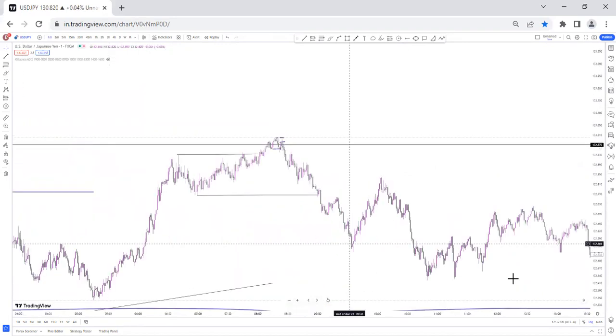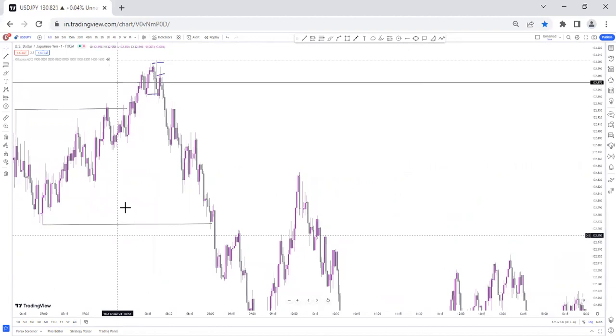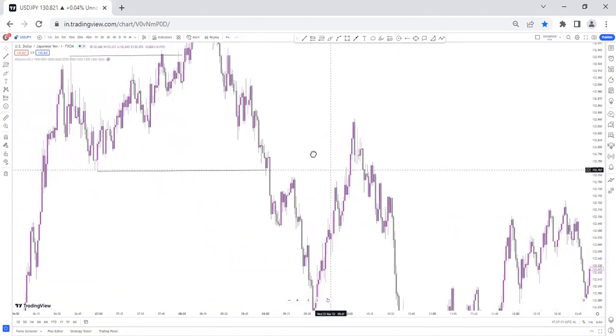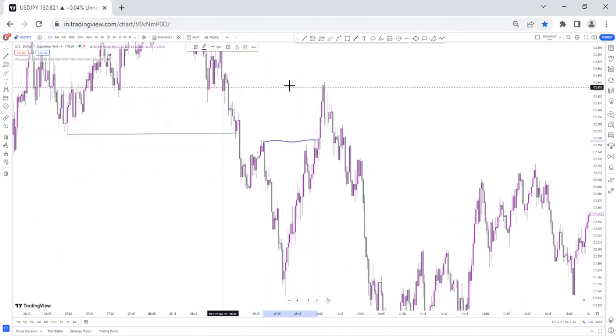So we had a break of structure here, that's a change of character, and after a change of character we also anticipate a pullback. Price took out the most recent high, the internal structure, and you see how price indicated something here. It could have been a potential entry for you.